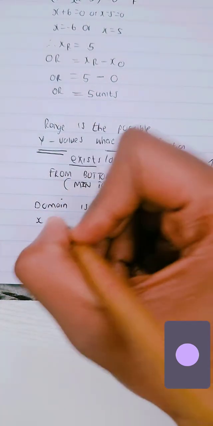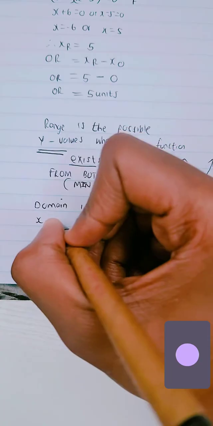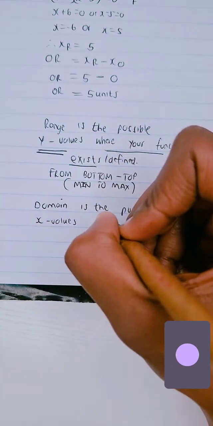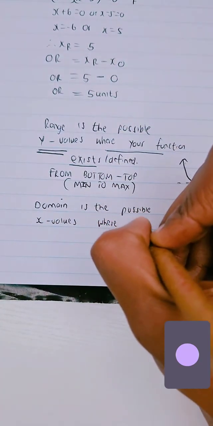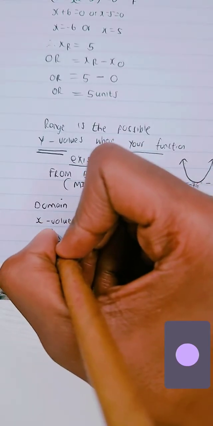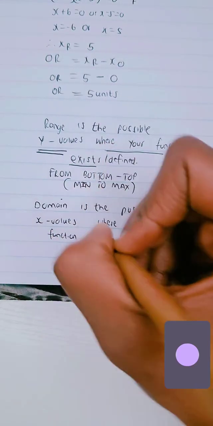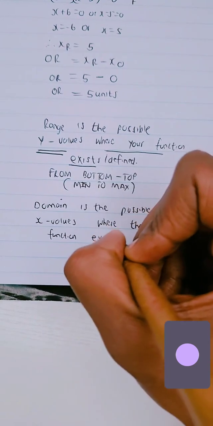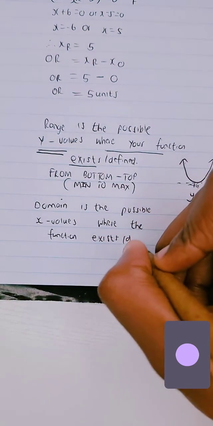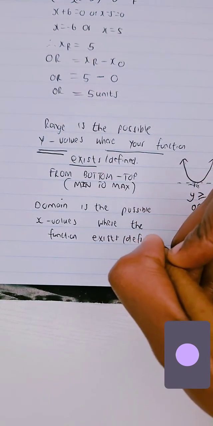Okay. Domain is the possible x values where the function exists, or is defined. Now we switch variables, so we are just looking at x values.